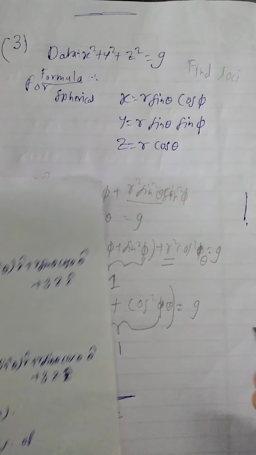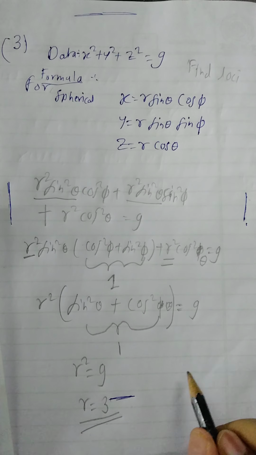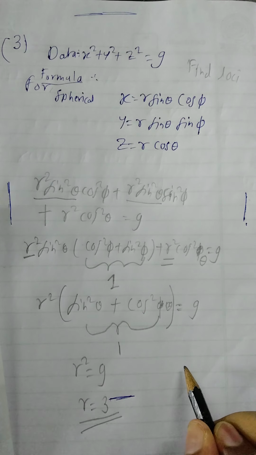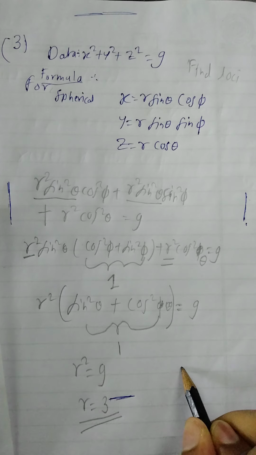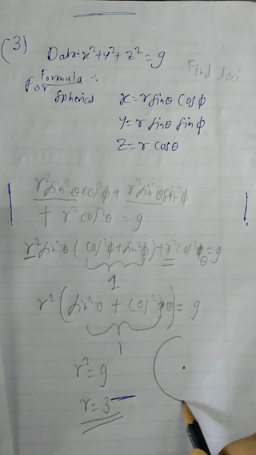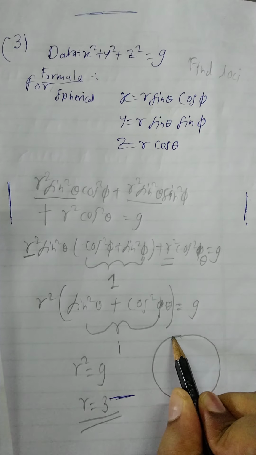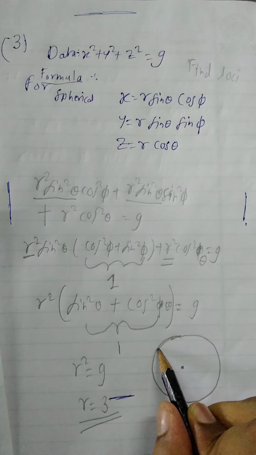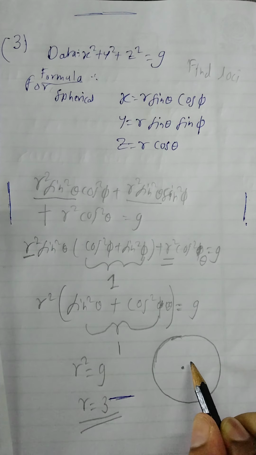Now let me talk something more about the loci. Loci means a set of points which follow a particular property. If I draw a circle, the circumference of the circle is nothing but a set of points. And what is the common property of all the points on the circumference?